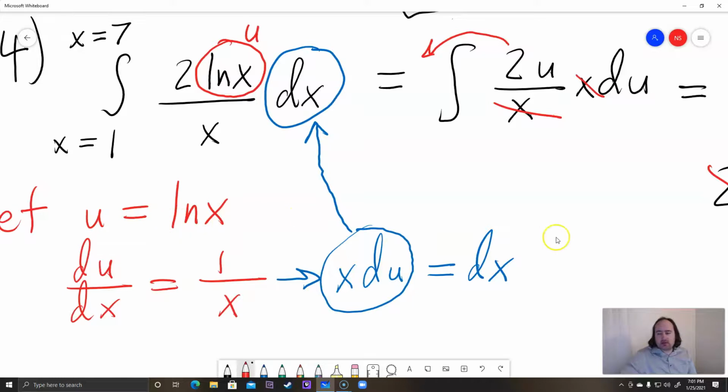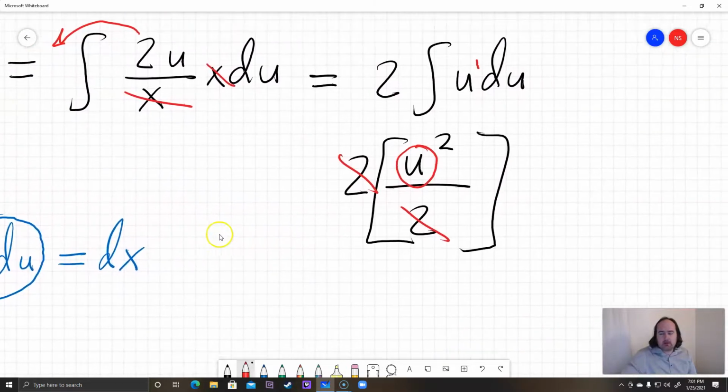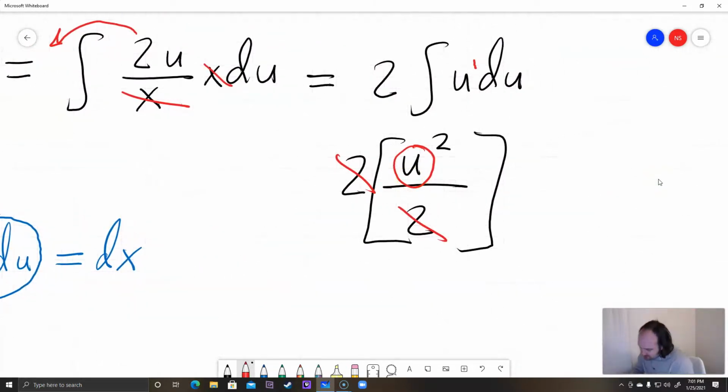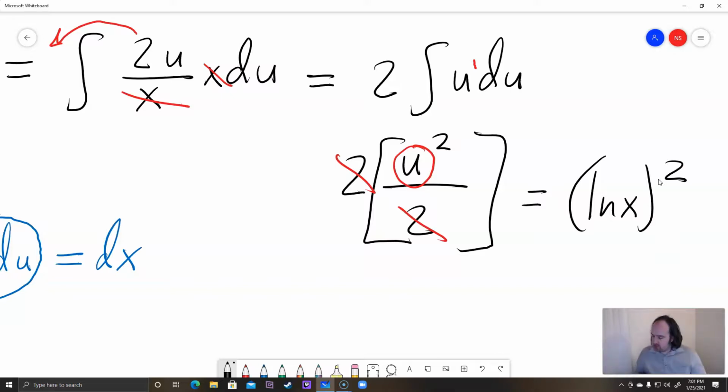So since u equals ln of x, here we actually have ln of x quantity squared. And I put parentheses around the ln of x because when you square the whole u, that means you have to square the entire ln as well.